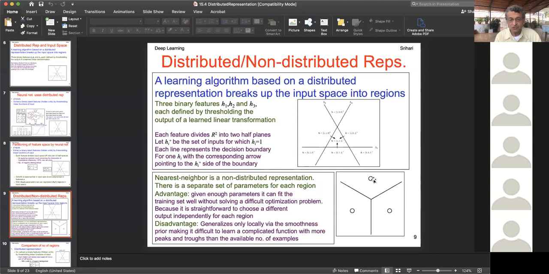You simply store all these examples, with no optimization, and we use the idea of smoothness or nearness. The disadvantage of it is that it generalizes only locally via a smoothness prior, making it difficult to learn a complicated function with more peaks and troughs than the available number of examples.